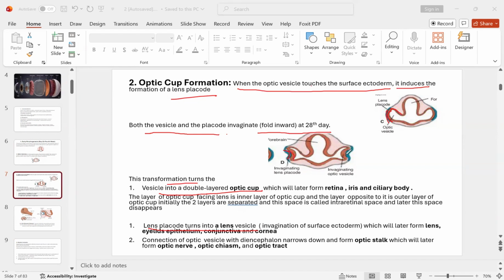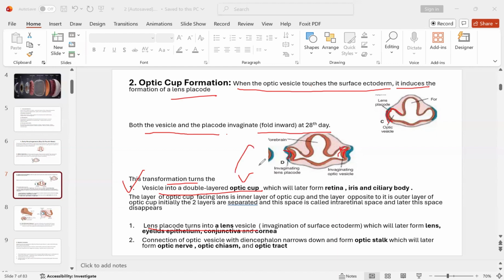You can see that this was the optic vesicle, but because of the invagination it now has two layers, the inner layer and the outer layer, and this has become an optic cup which has two layers. These are the structures that are formed from the invagination: the lens vesicle and the optic cup.